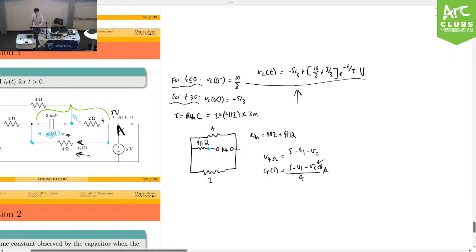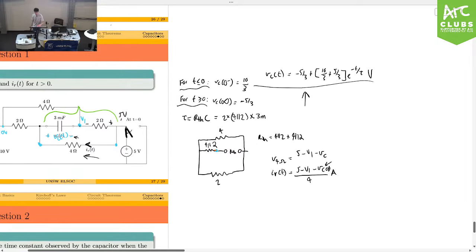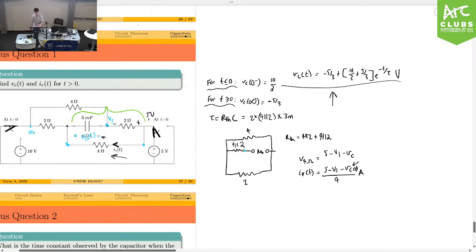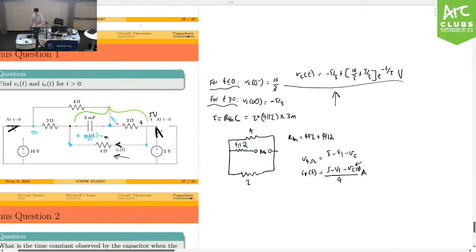So what is V1? If I want to find V1, all I have to do is KVL across any path. It's a symmetric problem, so it won't matter where you do the path through, but I'll just do the top one.